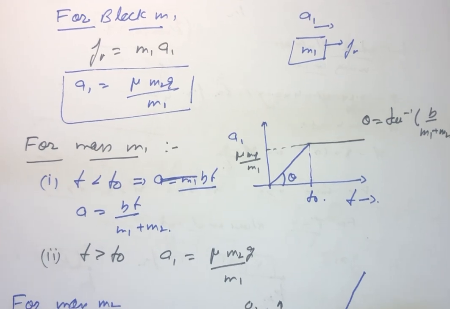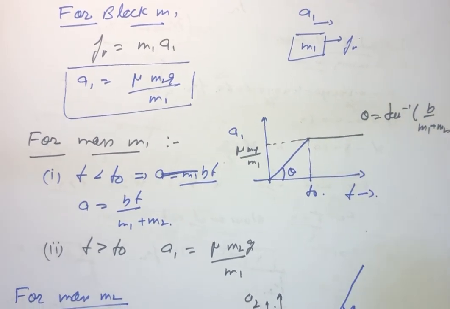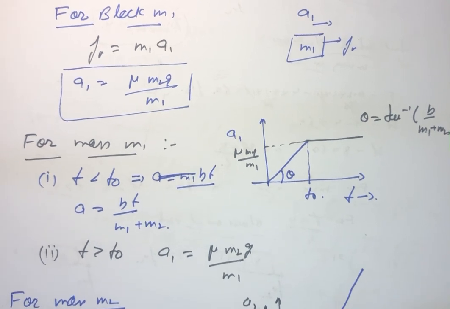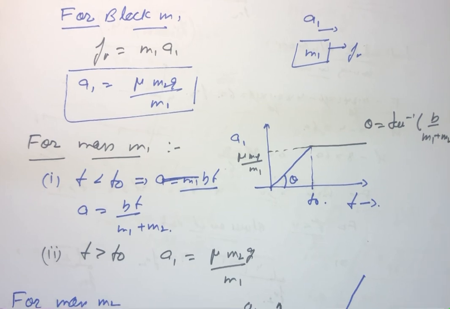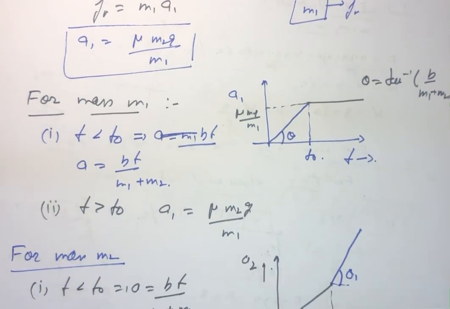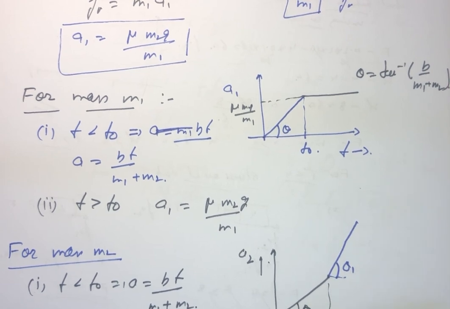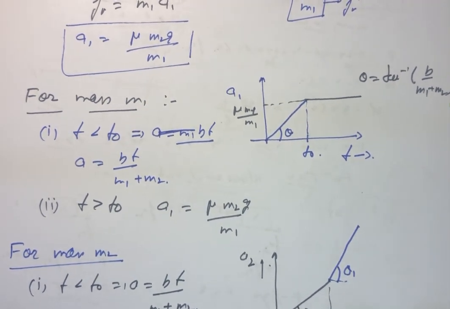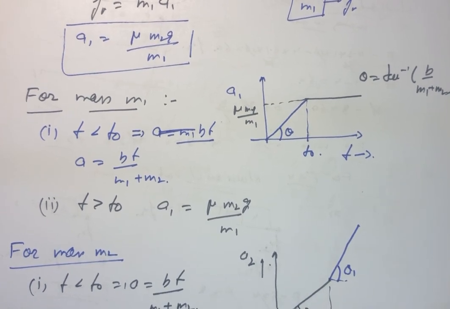The equation for theta will be the same as the previous one, which was tangent inverse of b divided by (m1 plus m2), and for theta 1, we have the equation as tangent inverse of b upon m2.